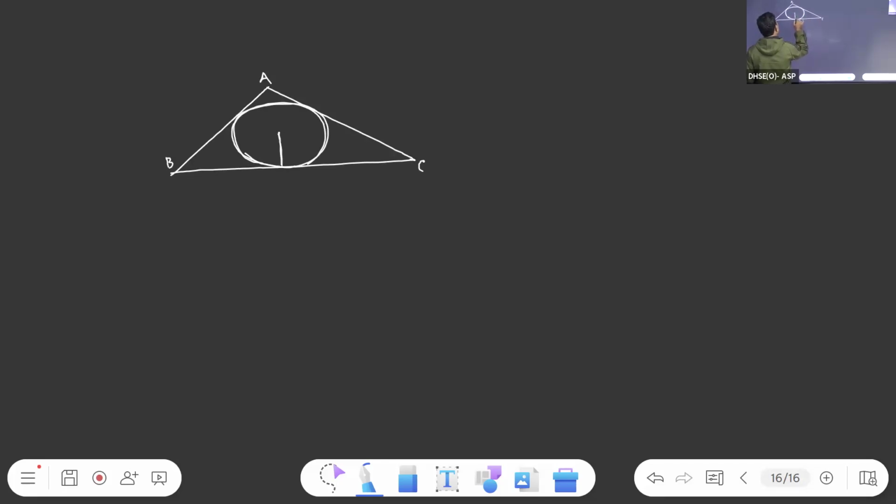This is the inradius R. So note it down.